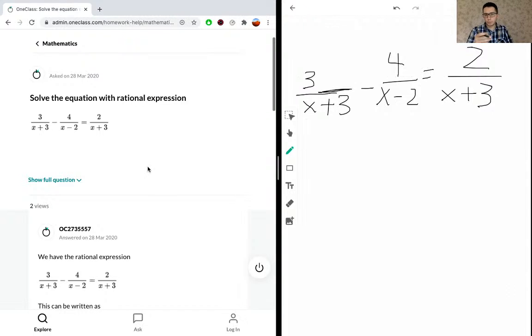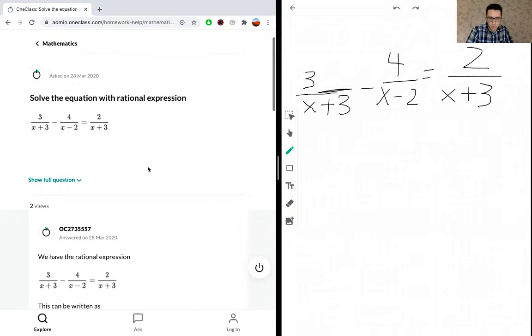All right, so one way to start off is to multiply both top and bottom of the x plus 3 on both sides by x minus 2 to get that common denominator. You can also multiply the middle term by x plus 3 on top and bottom to get the common denominator.